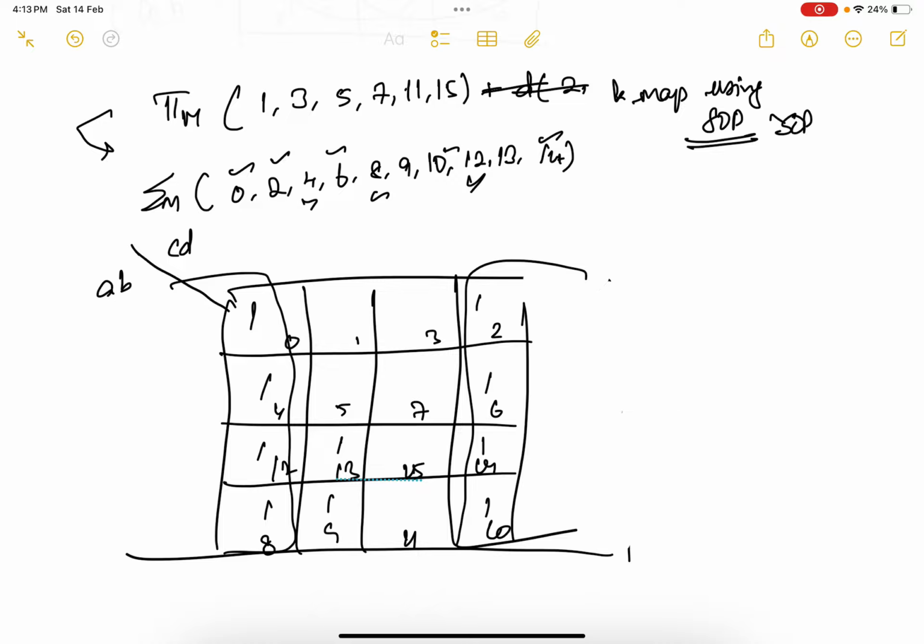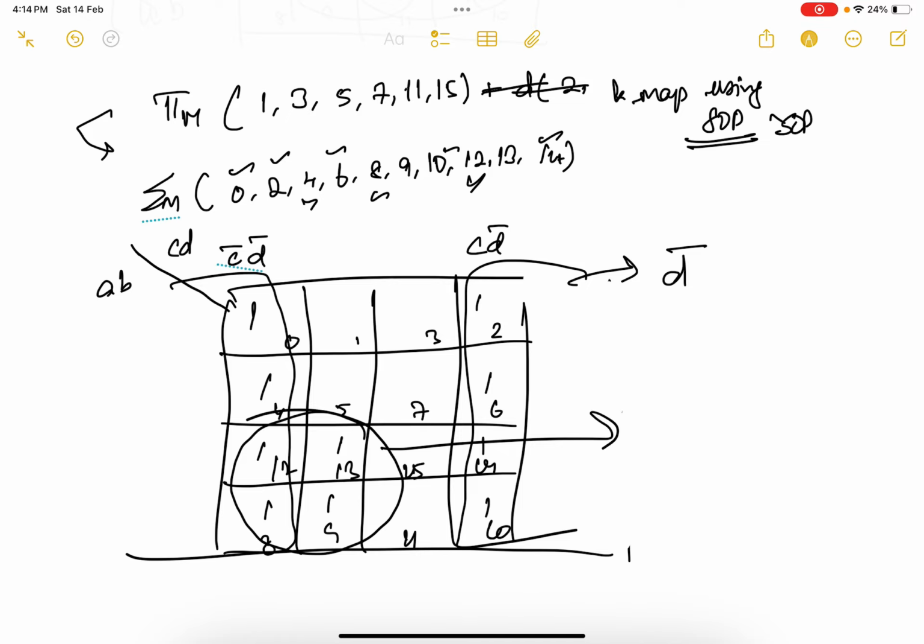So for this oct, what is the answer? This is 0 0, this is 1 0, so the answer will be something like D bar. And any other thing is that, here we can form one quad. So for this quad, this is 0 0 0 1 1 1 1 0, and here again 0 0 0 1.